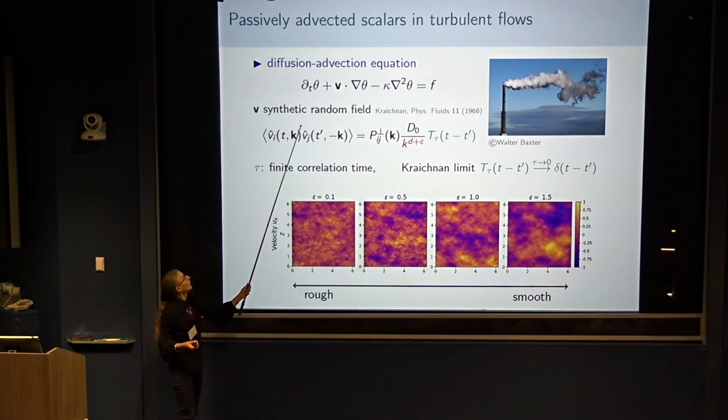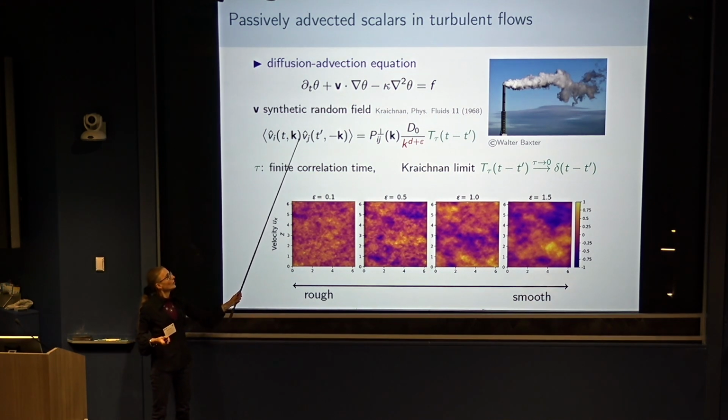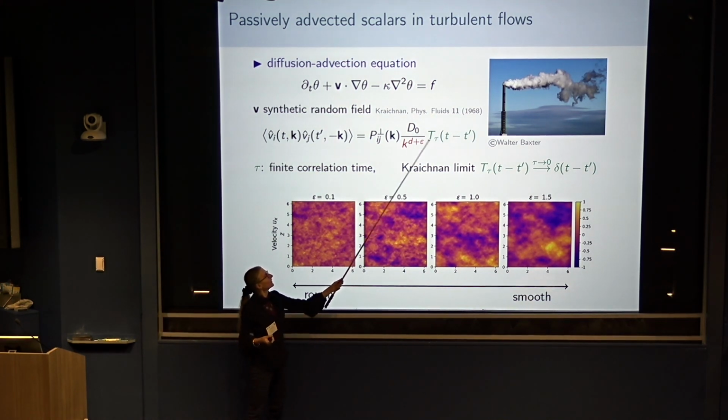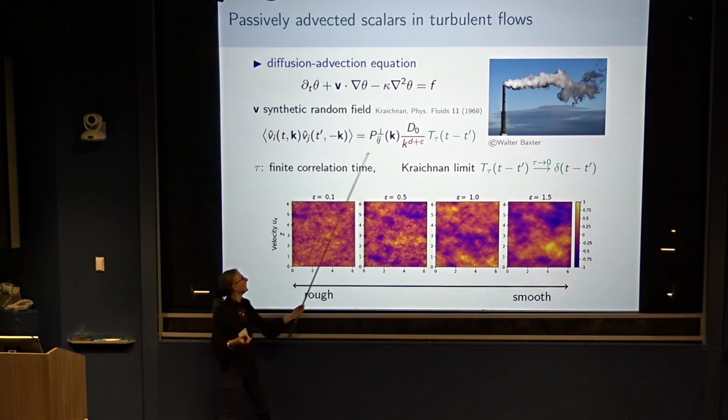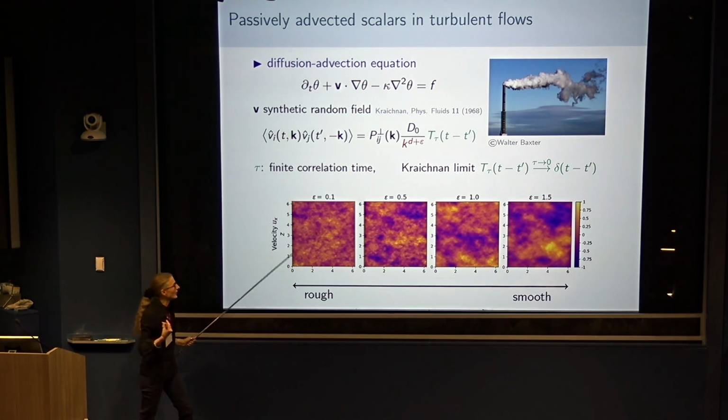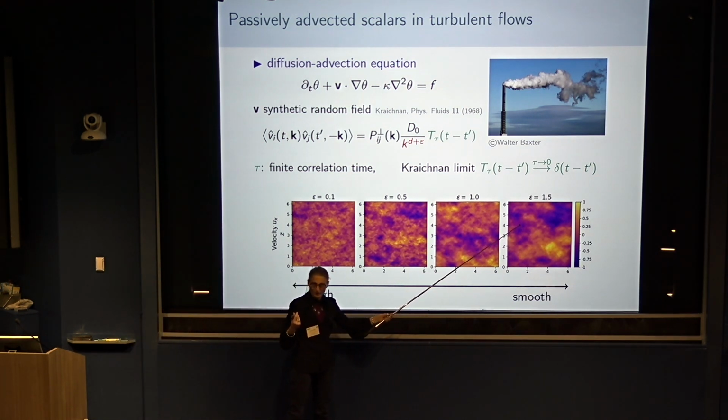In the Kraichnan model, the velocity is chosen Gaussian, which prescribes its covariance, and it depends on a parameter epsilon, which is the Hölder dimension, as Laurent was presenting, of the velocity field. So it goes from very rough when epsilon tends to 0 to very smooth when epsilon tends to 2.